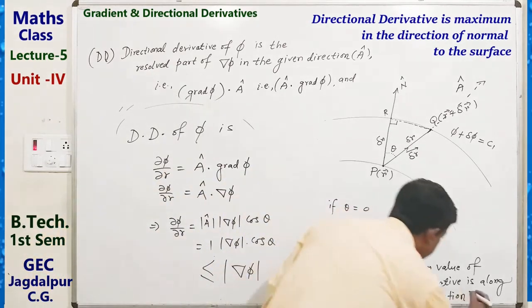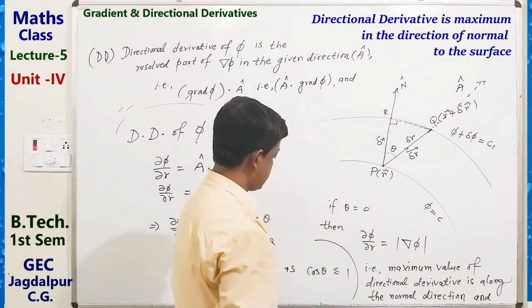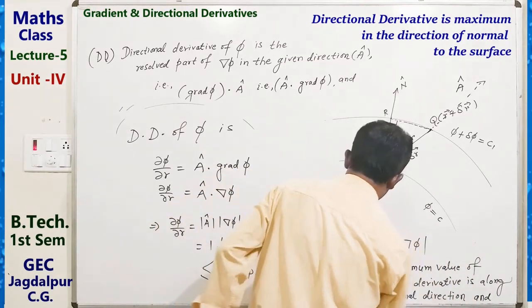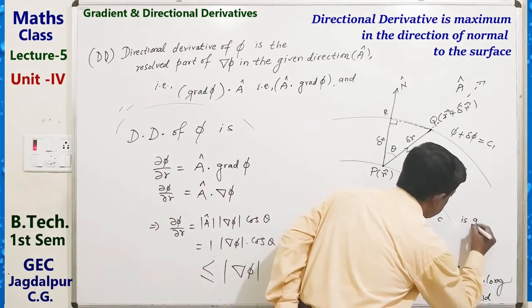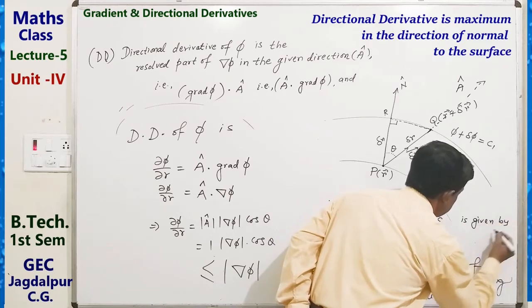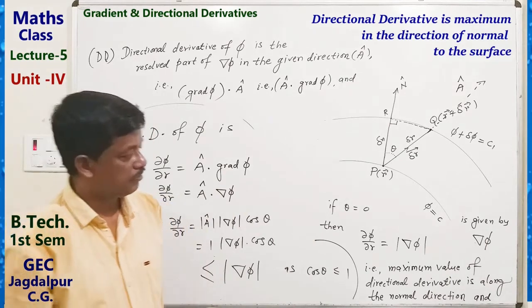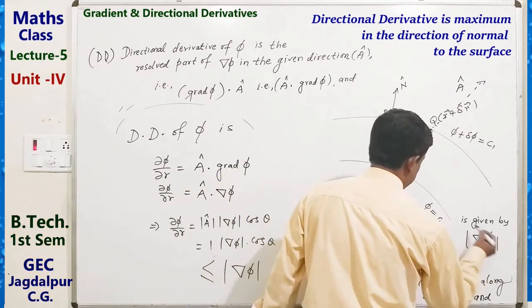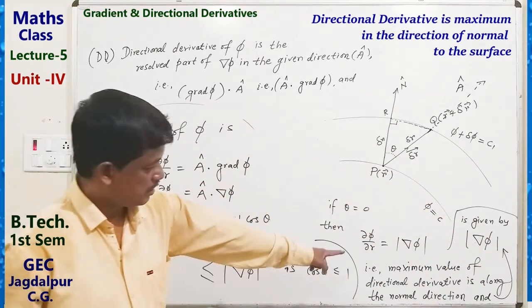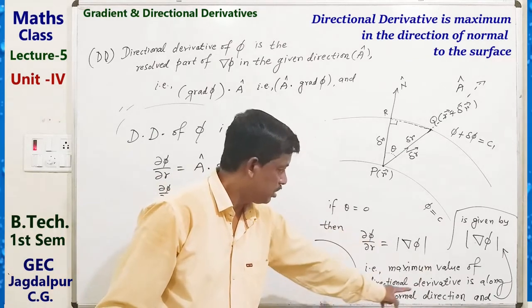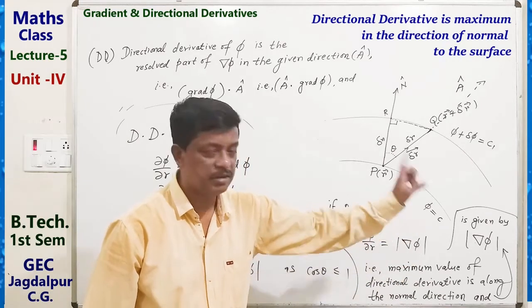And it is given by mod del phi. Here the maximum value of the directional derivative is along the normal direction and is given by mod del phi.